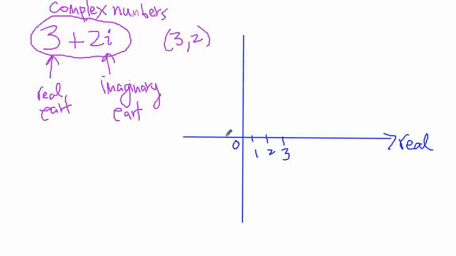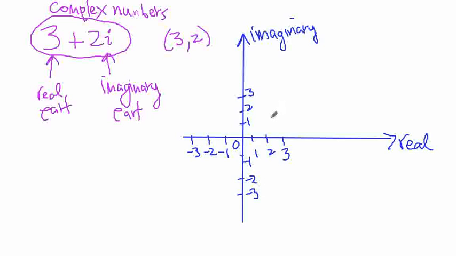So 1, 2, 3, and then on the other side minus 1, minus 2, minus 3, etc. That's the number line we've all got accustomed to. But now let me make a perpendicular number line, and this one I'm going to call the imaginary number line. I'm still going to number that 1, 2, similarly, etc., minus 1, minus 2.